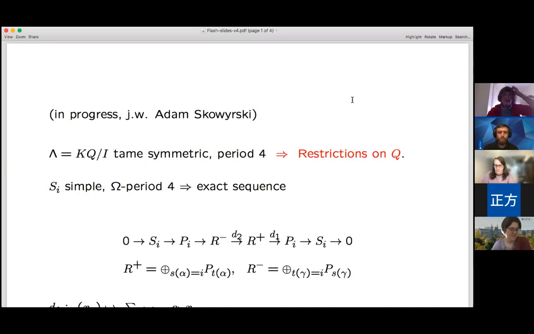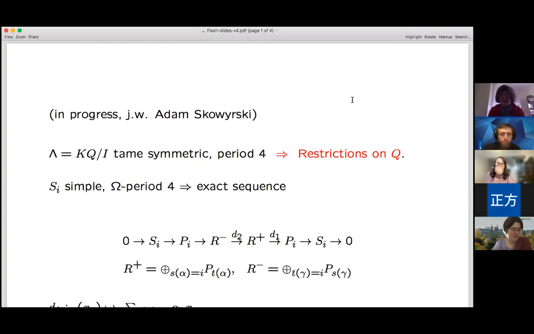Anyway, so instead, this is very elementary and down to earth. So we're looking at a simple periodic module of period 4 and see what we can say about it. So there is an exact sequence, and on one end there is the simple, on the other end is also the simple. In the middle you have projectives.